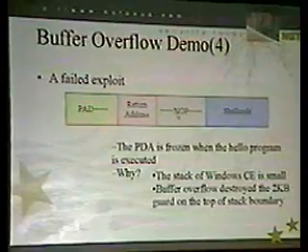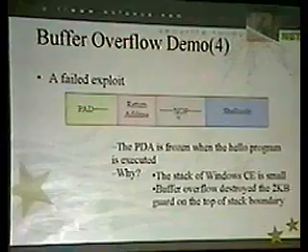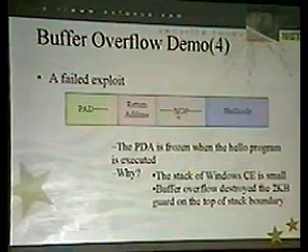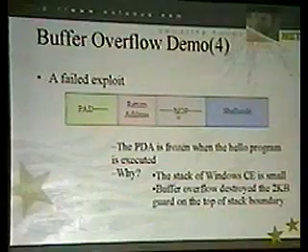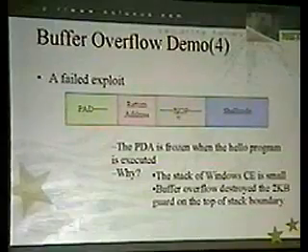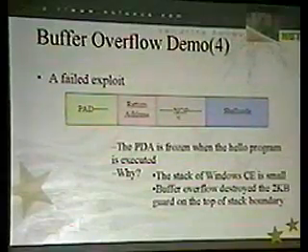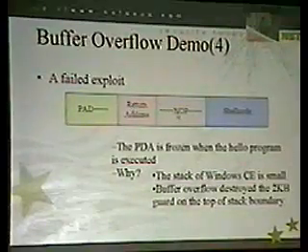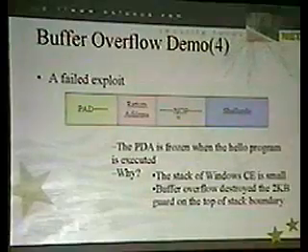The PDA is frozen when the hello program is executed. I think maybe there are two reasons. The first is that the stack of Windows CE is small, and maybe the buffer overflow destroyed the 2 KB guard on the top of the stack boundary.